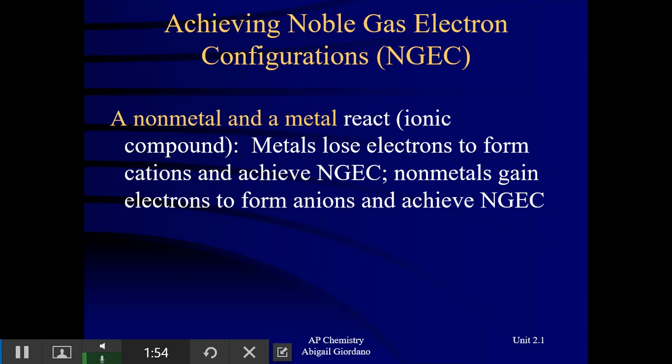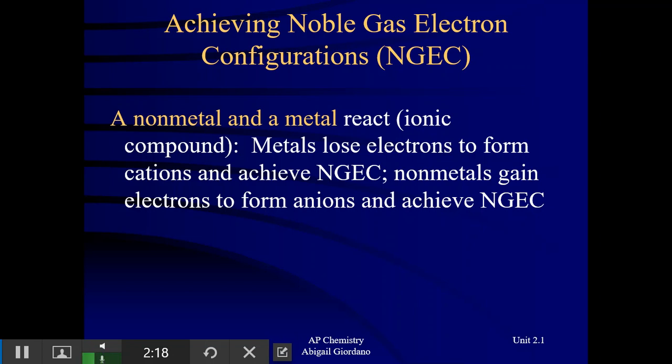For example, when you have a bond between a metal and a nonmetal, okay, that's an ionic bond. We see that metals tend to lose electrons or give away their electrons to form positively charged cations. They will lose their electrons to achieve that stable octet.